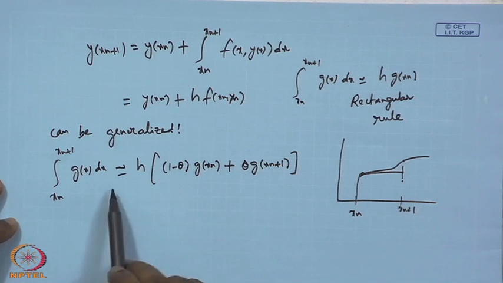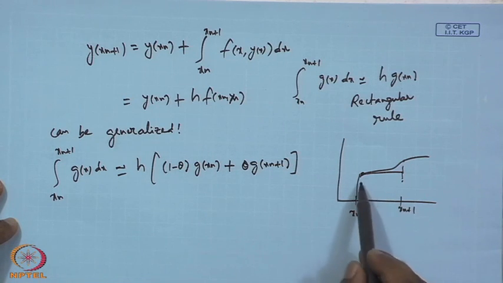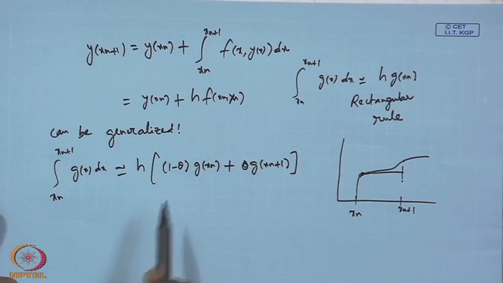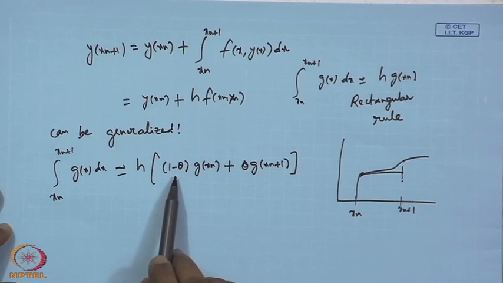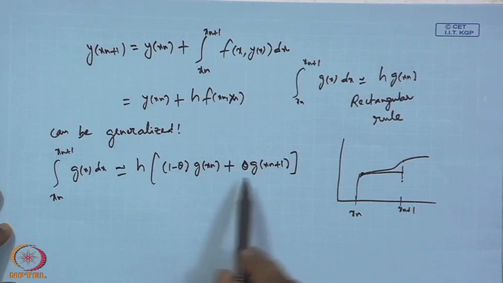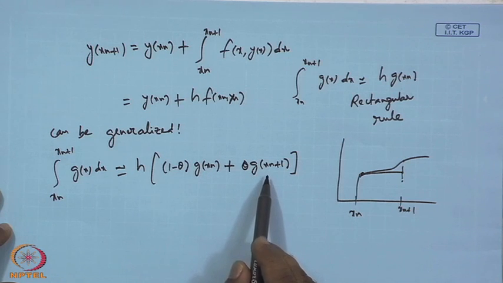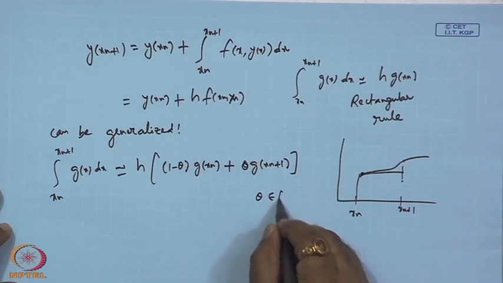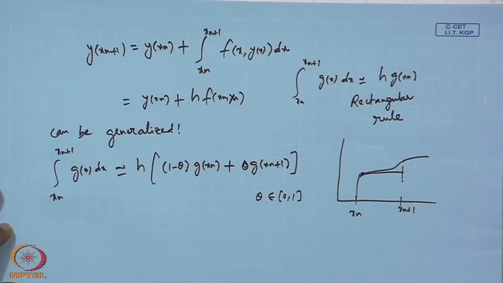We are generalizing: not using simply a rectangle like this, you are giving some weightage, 1 minus theta at g of x n and theta at g of x n plus 1. Restrict theta in this range.